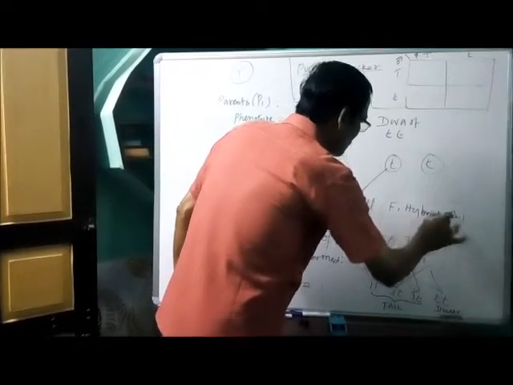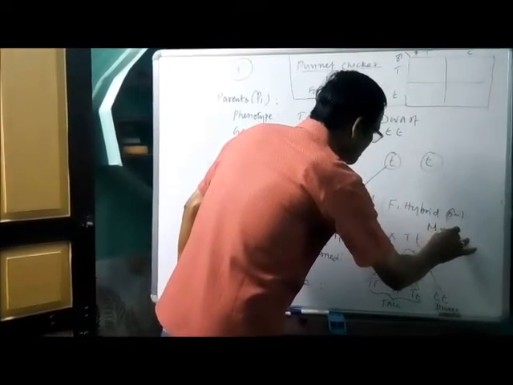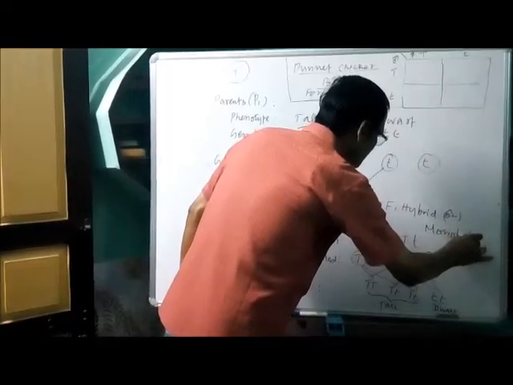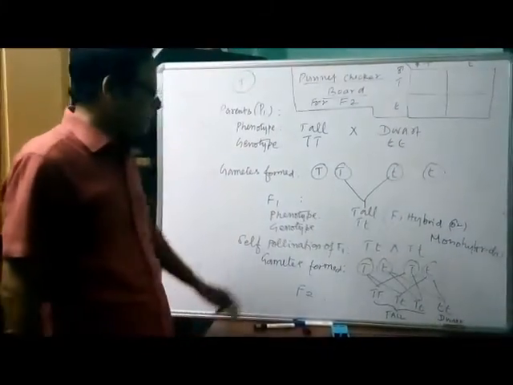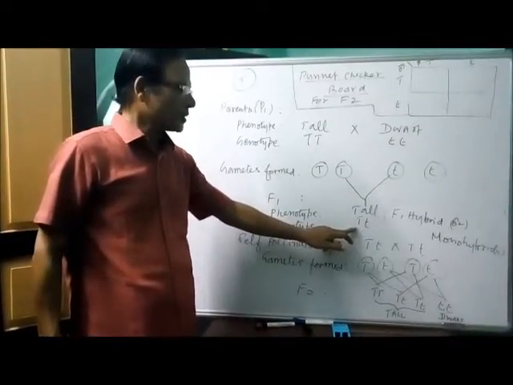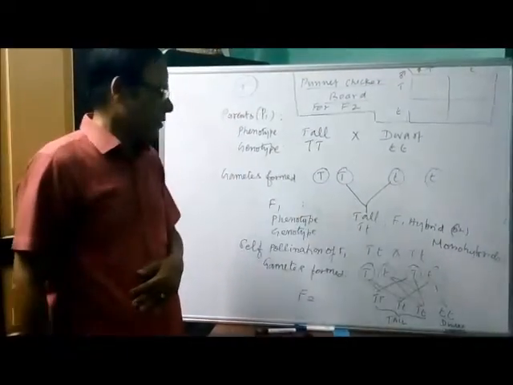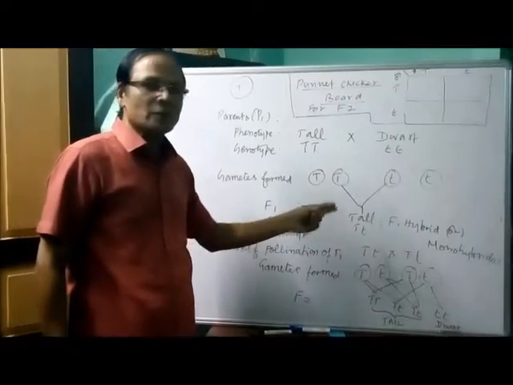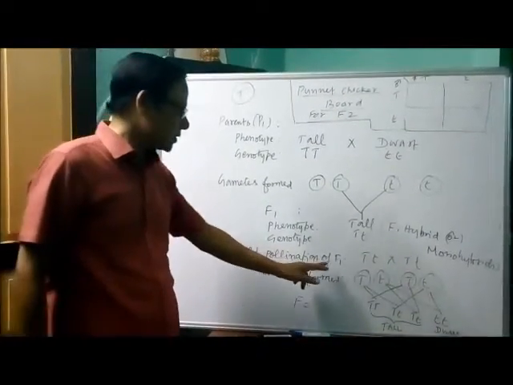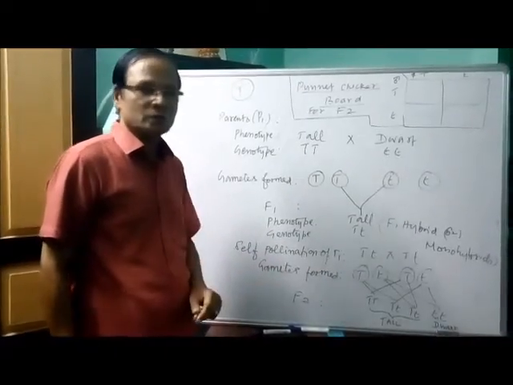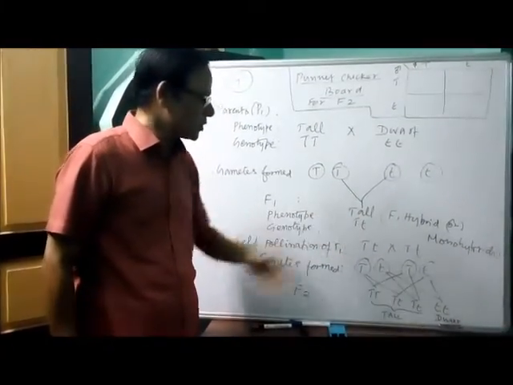or monohybrids. The meaning for that is they differ in only one pair of factors, hence called monohybrids. When two monohybrids of the F1 generation are self-pollinated, here it is called self-pollination of F1 individuals, taking the two heterozygous strands.